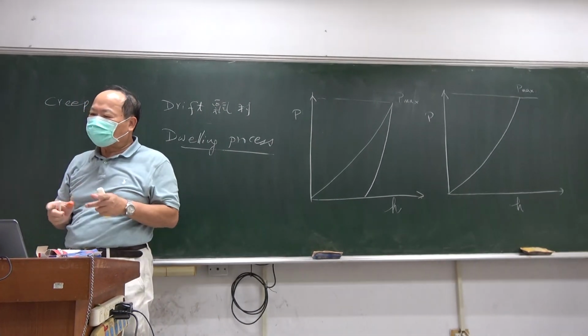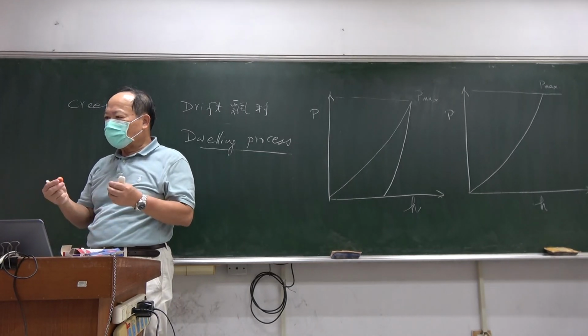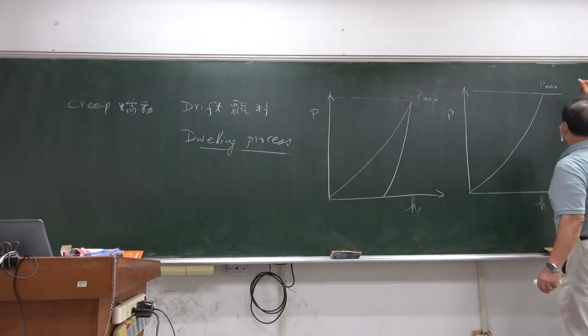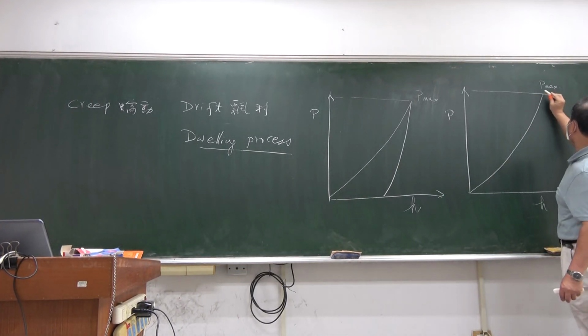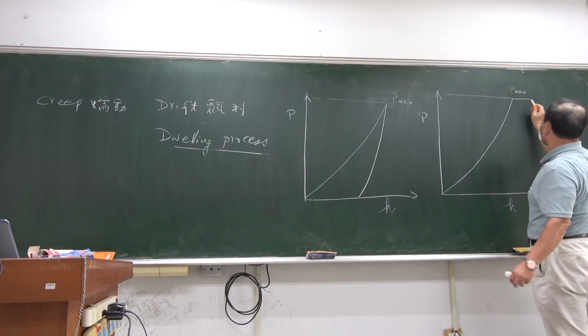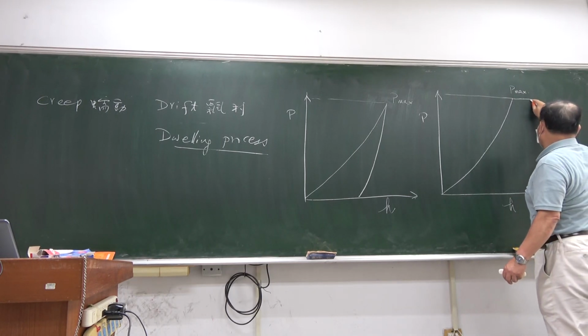This period of time is dependent on the material itself. Okay, if it is a soft material, we hold this P maximum at a constant value for a period of time. Okay, then give it the unloading process.